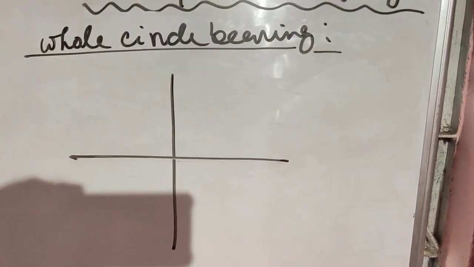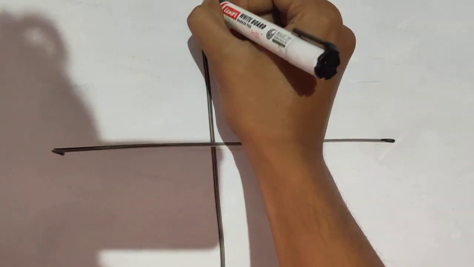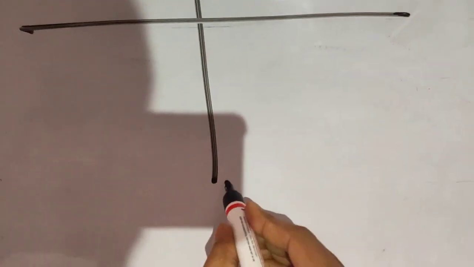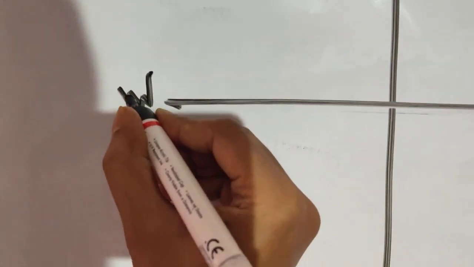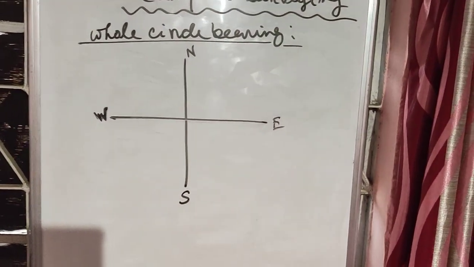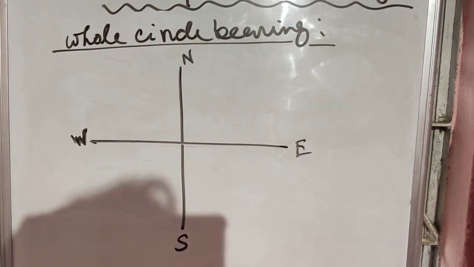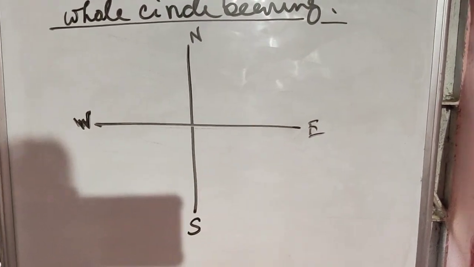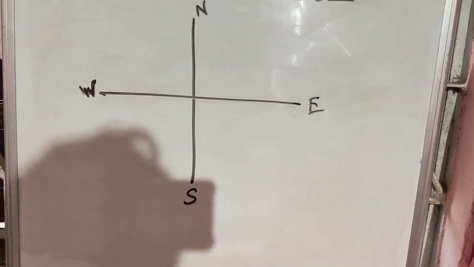So what happens in whole circle bearing? Suppose this is your north direction, this is your south, east and west. Okay. So in this whole circle bearing method, we measure the angle of any line with respect to the north direction.